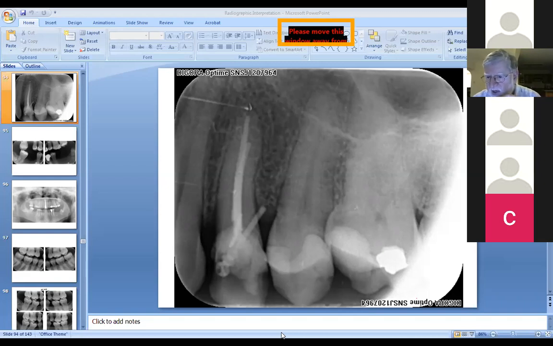If it doesn't need endo, get a provisional restoration in, try to build up a nice contact, and review him, because you were so deep, so close to the pulp, it might blow up. Just watch that, monitor him, take a follow-up radiograph, see him again. And if it's okay, and if you think you can maybe make a decent crown. Now going subgingivally, are you going to do that?